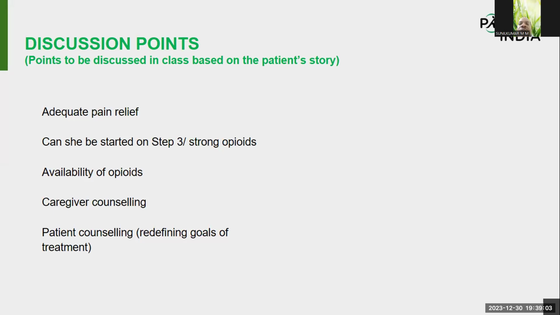So this is a very common problem which we should not ignore, because how many of us would like to put in an NG tube and go out in public and exhibit ourselves like that? So we should not underestimate all these things. It all depends on personal preferences. But at the same time, the patient should understand both harms and benefits. Then if the patient takes the decision, we have to obey it.